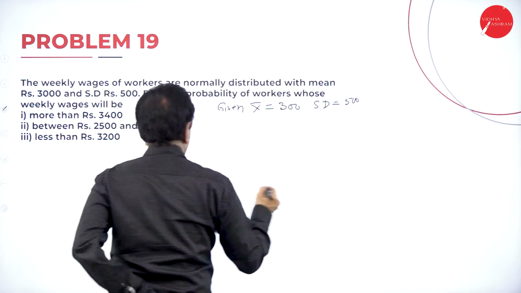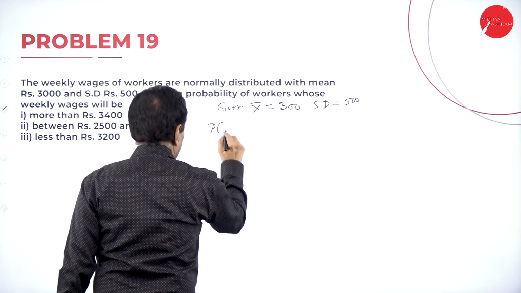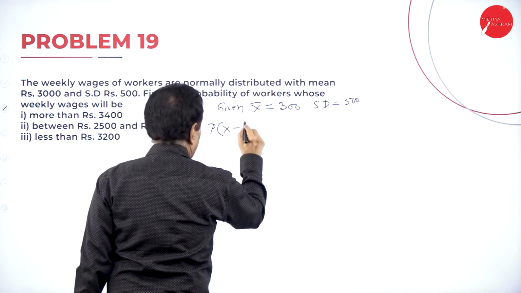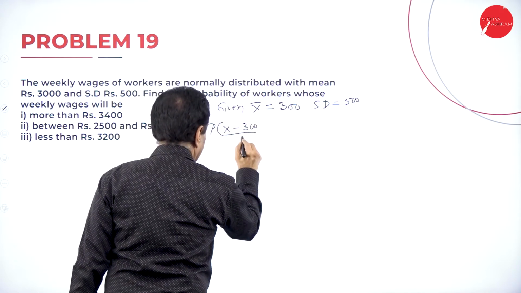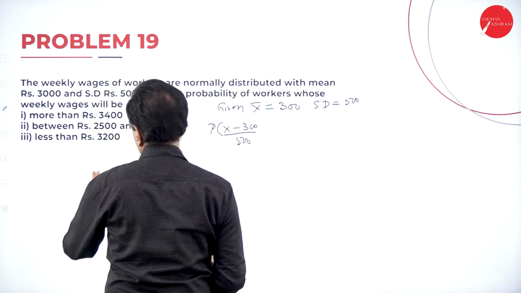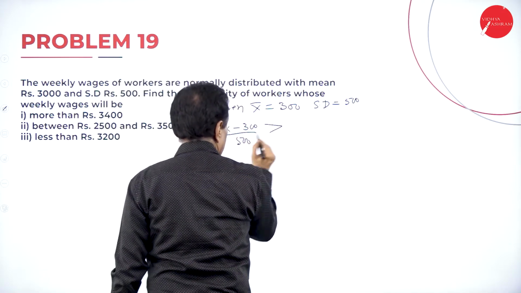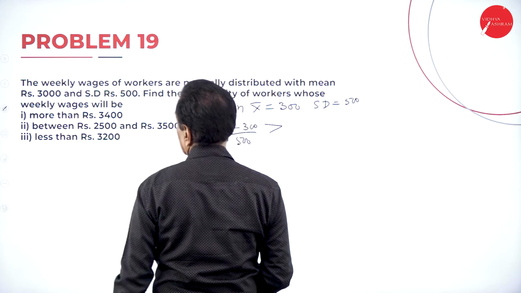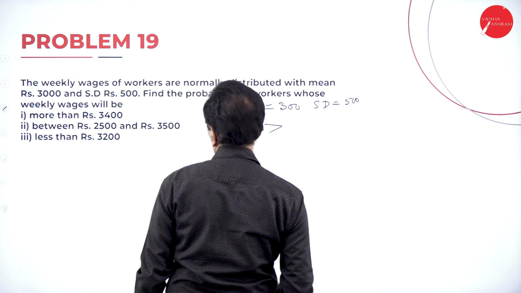So apply probability of X minus 3,000 divided by 500. It is more than, what's your X value? More than 3,400.